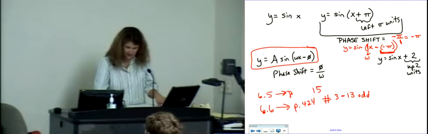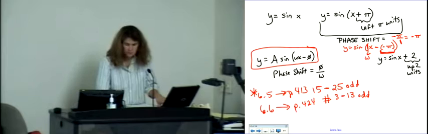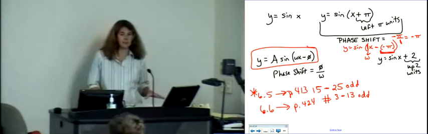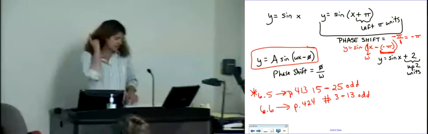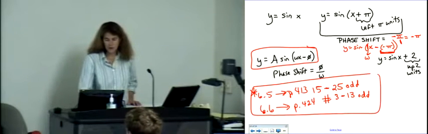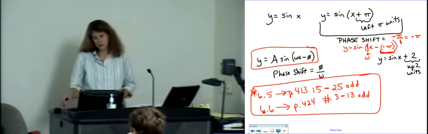So let's add in there 15 through 25 odd, and that was on page 413. Those you should be able to look at and do some sketches of graphs with tangent, cotangent, just to get the idea of what you're working with there. Tangent, cotangent, secant, and cosecants. Just adding in those tangents and cotangents. Any questions about that? We'll finish up the material on Thursday.